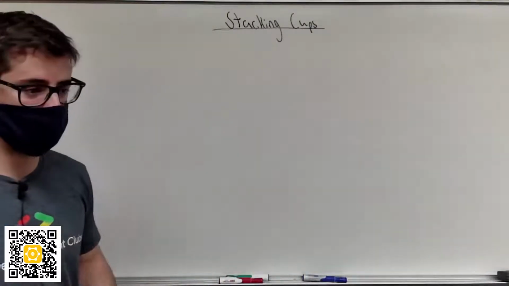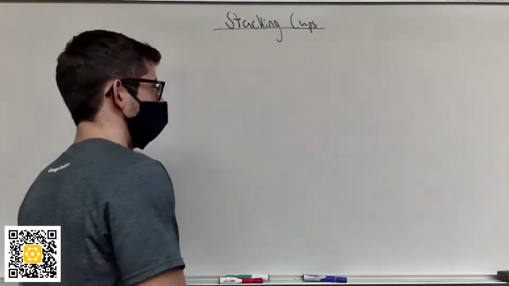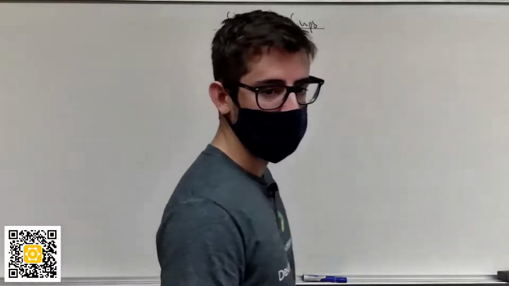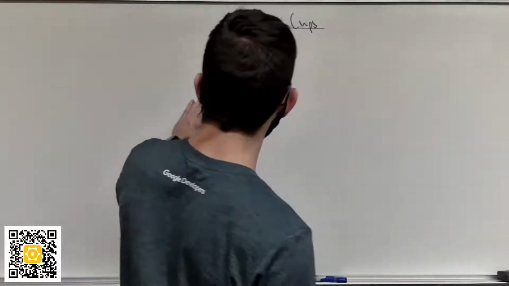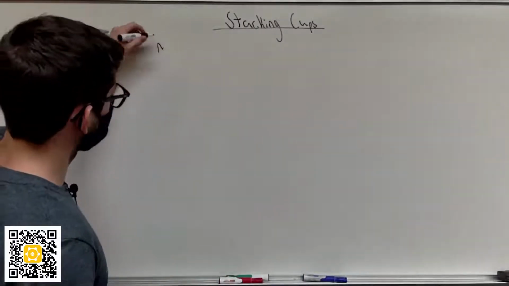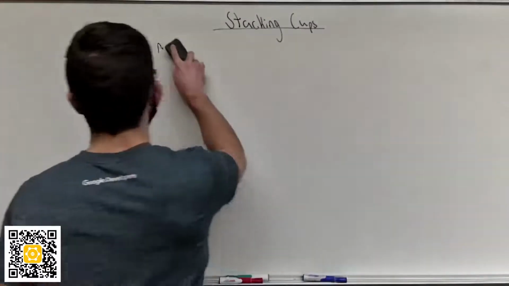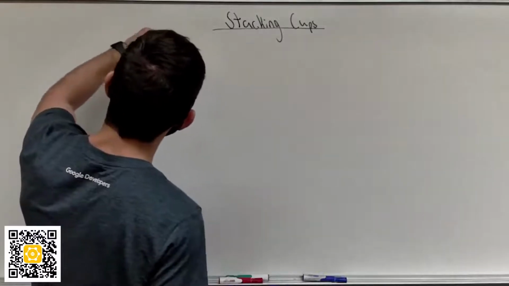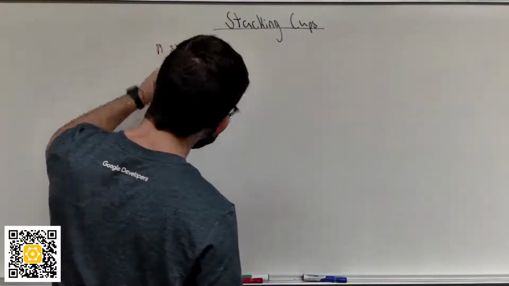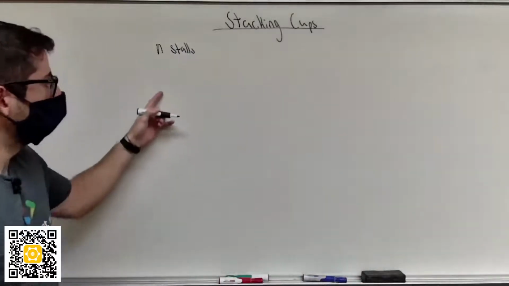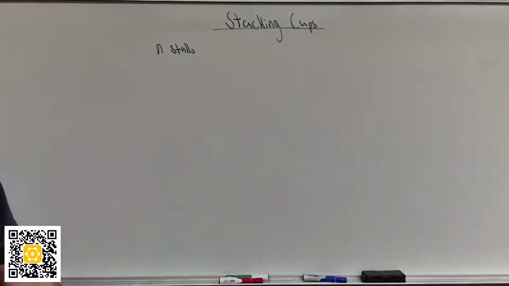So this is the title of the problem. Now let me give you an explanation of what it is. Let's say you're at a county fair and there are n stalls. At each stall, they give you a cup of a certain size.